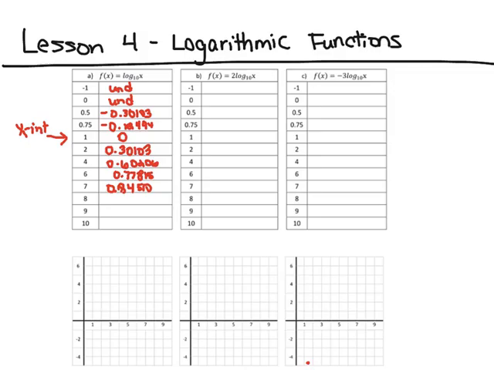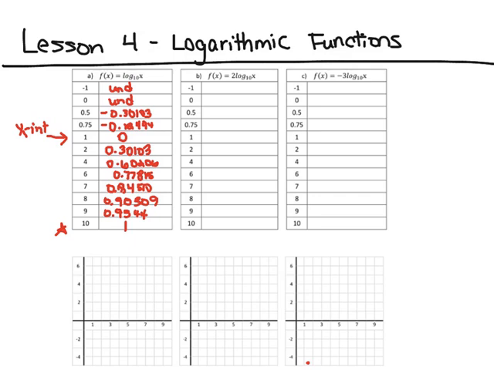At 8, we're at 0.90309. At 9, we're at 0.95424. And at 10, we hit 1. So this is also an important number. We're going to come back to it after we do the next example.